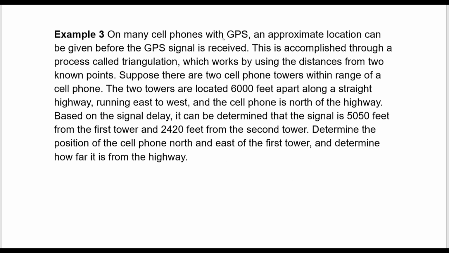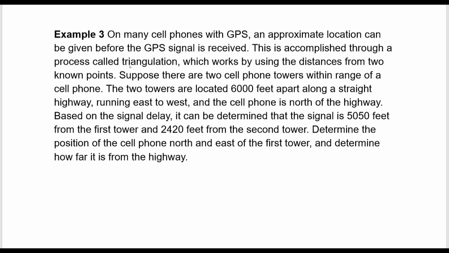On many cell phones with GPS, an approximate location can be given before the GPS signal is received. This is accomplished through a process called triangulation, which works by using the distances from two known points. Suppose there are two cell phone towers within range of a cell phone. The two towers are located 6,000 feet apart along a straight highway running east to west, and the cell phone is north of the highway.